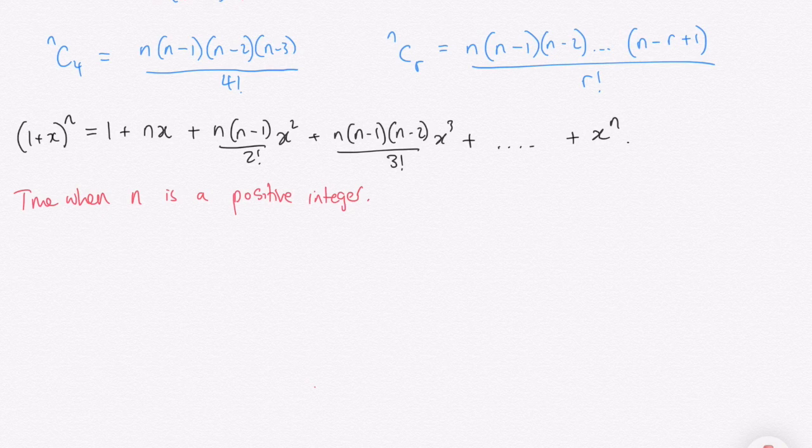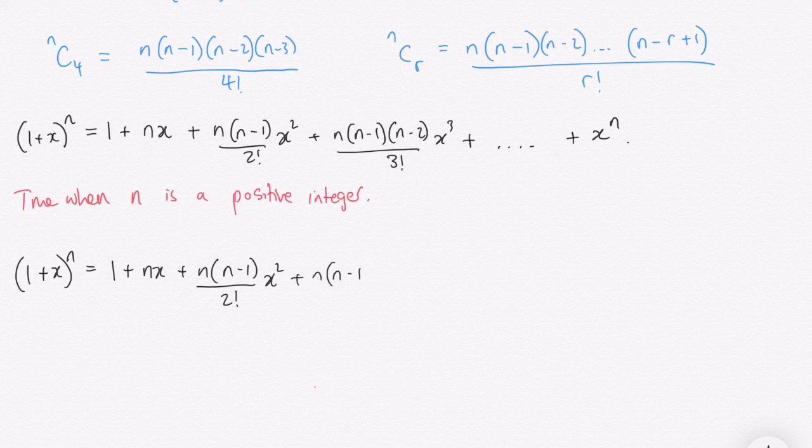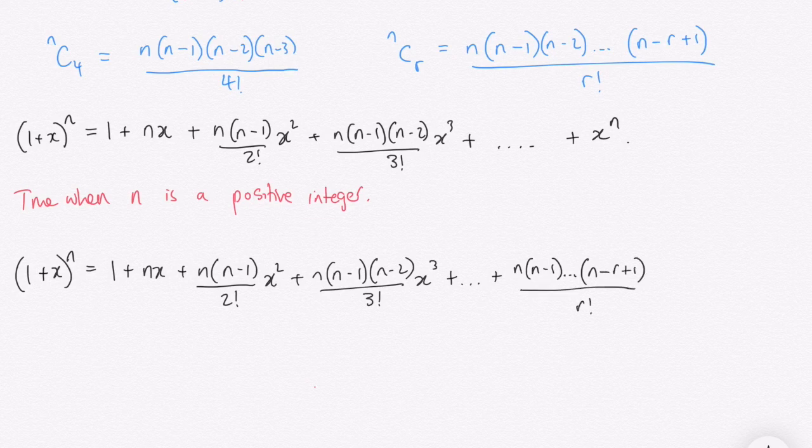So I'm going to claim that (1 + x)^n is equal to 1 plus nx plus n(n minus 1) over 2 factorial x squared plus n(n minus 1)(n minus 2) over 3 factorial x cubed plus dot dot dot plus n(n minus 1) dot dot dot (n minus r plus 1) over r factorial x to the power of r, plus some more terms.